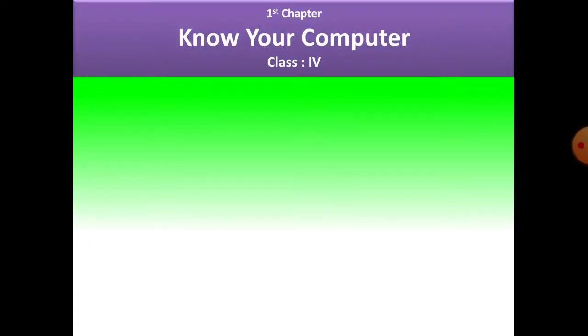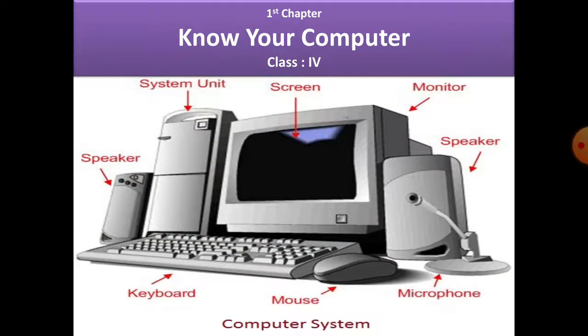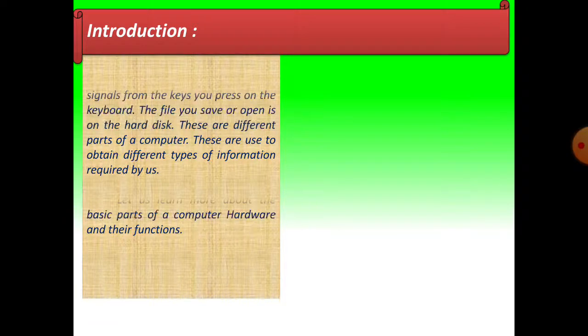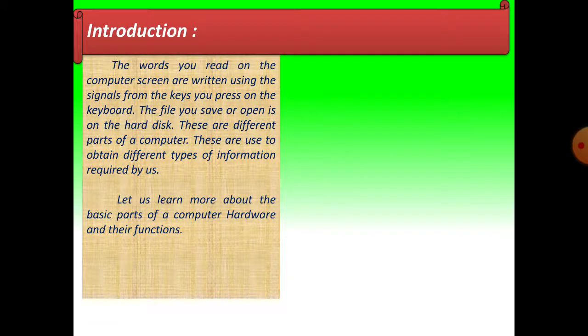This is your first chapter, Know Your Computer. Introduction. The words you read on the computer screen are written using the signals from the keys you press on the keyboard.